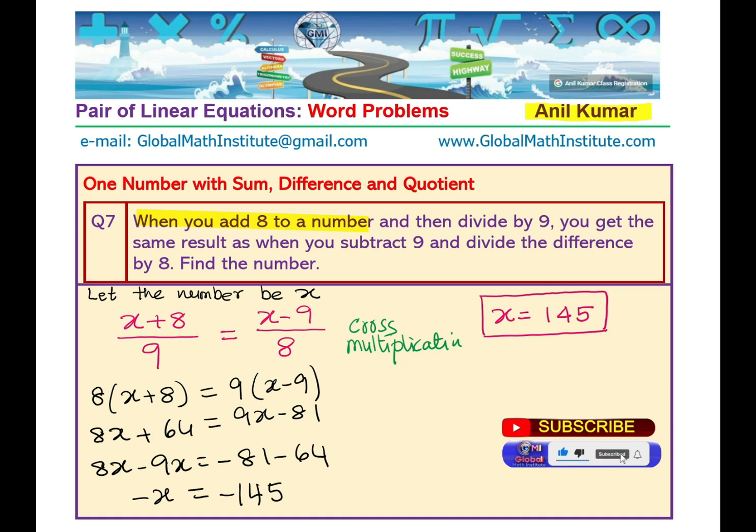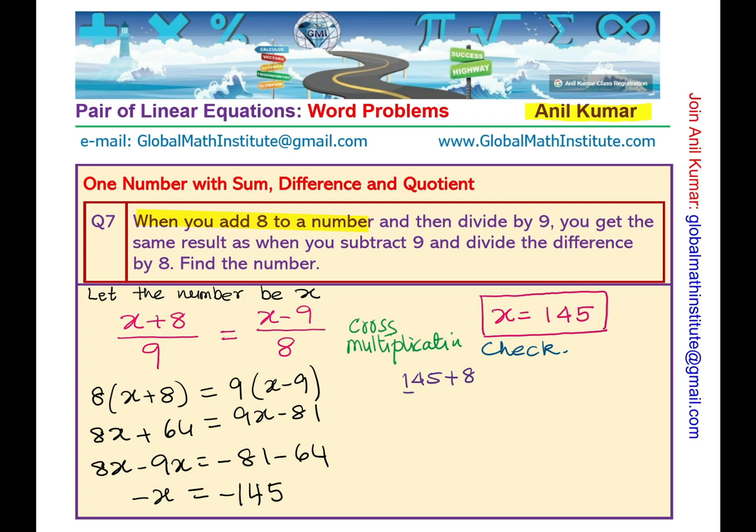So I hope you have understood this. Now it is also good practice to check, since we are learning the whole process of solving word problems. So let's check this result. x plus 8 means 145 plus 8, divided by 9.